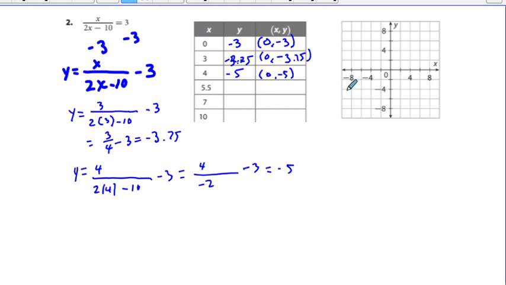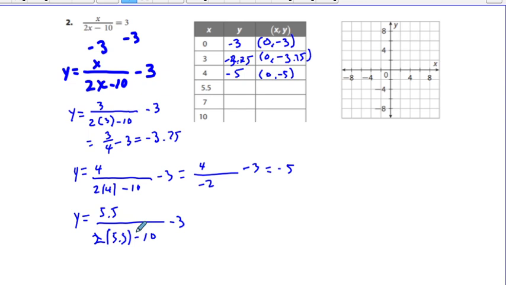And then if we put in 5.5 over 2 times 5.5, or 2 times 5.5 minus 10 minus 3.